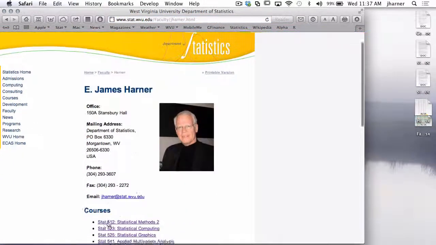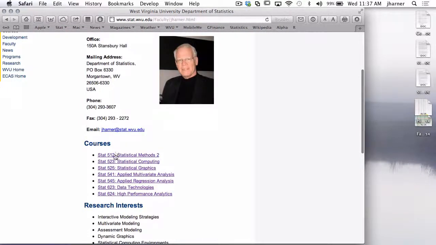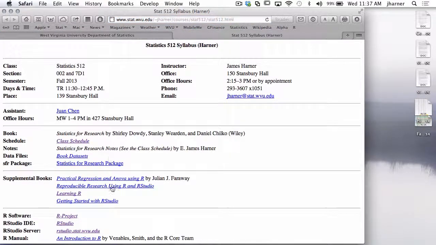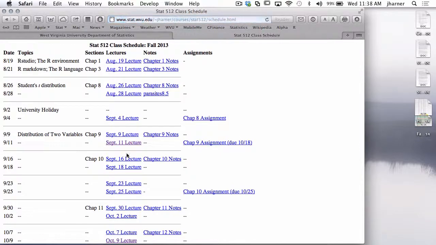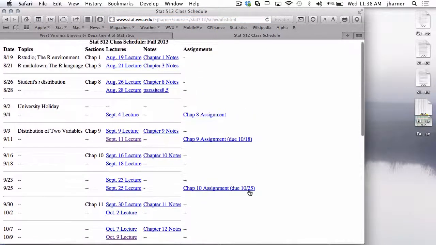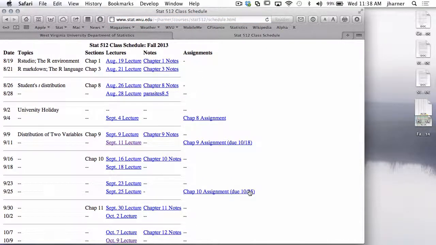So just to let you know where things are. We did a little bit of review in the first week on some probability ideas and some introductory material.